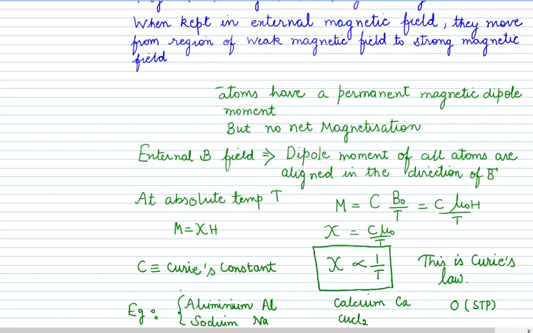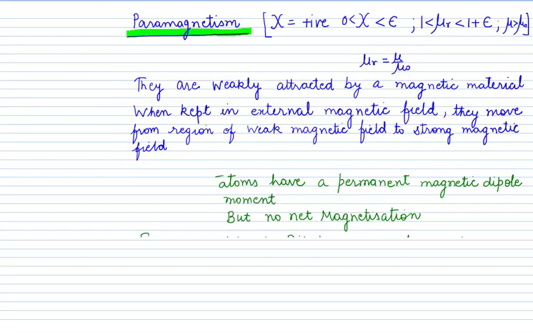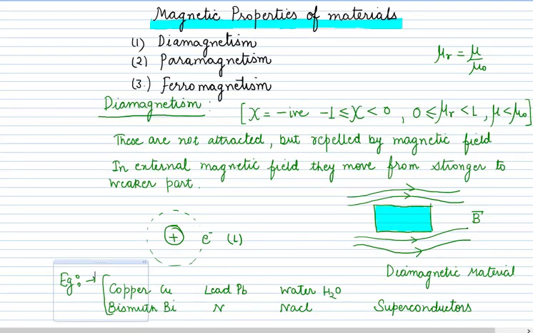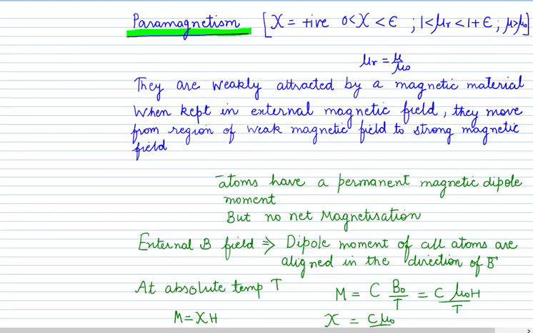Now go to the most important magnetic material, that is the ferromagnets or ferromagnetic material. So let's go to ferromagnetism, which is the most important of all the magnetic materials.